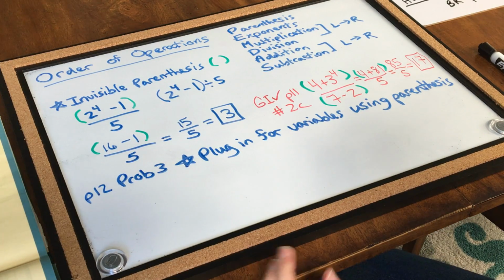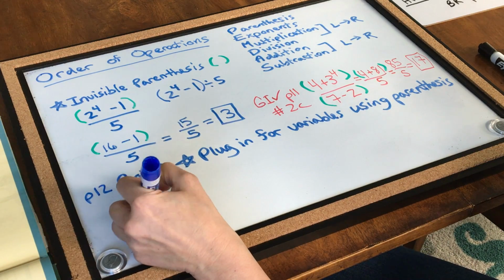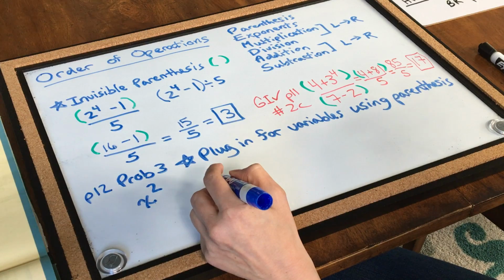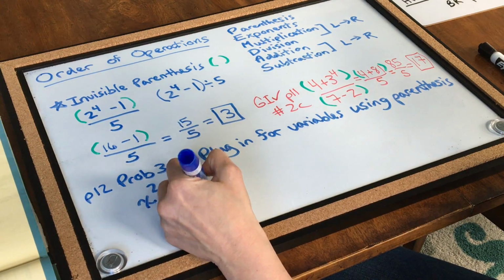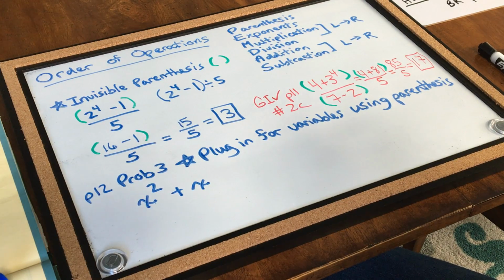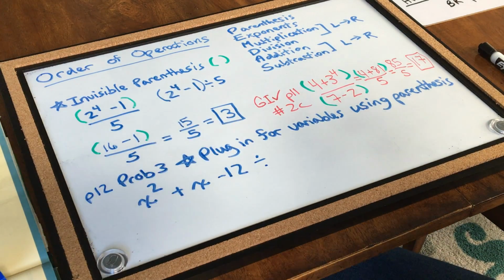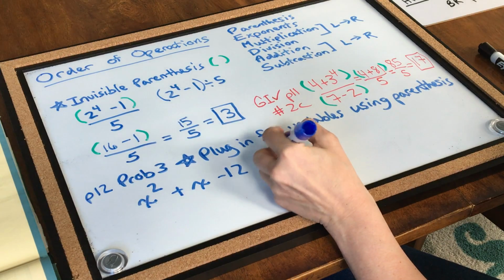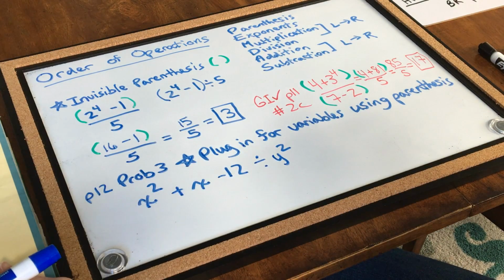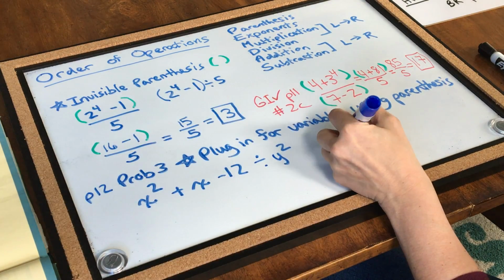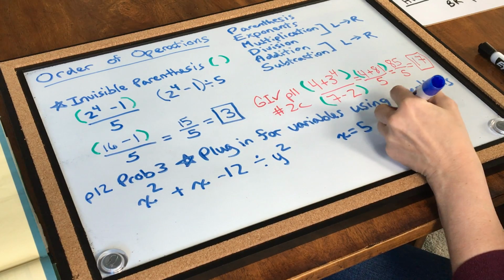They're going to give us an expression which is x squared plus x minus 12 divided by y squared. And the problem tells us that x equals 5 and y equals 2.